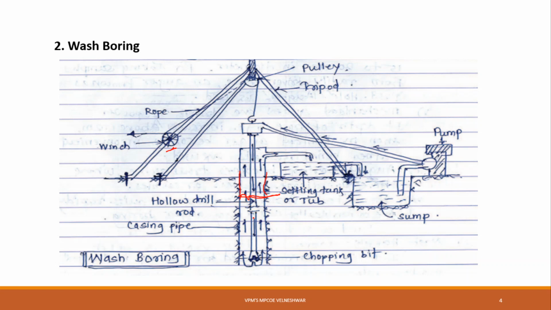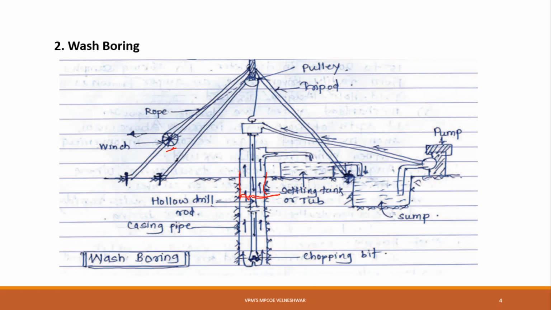A stream of water under pressure is forced through the rod and the bit into the hole. From this rod, the stream of water is released with pressure on this portion, and due to this water pressure the portion is dug.